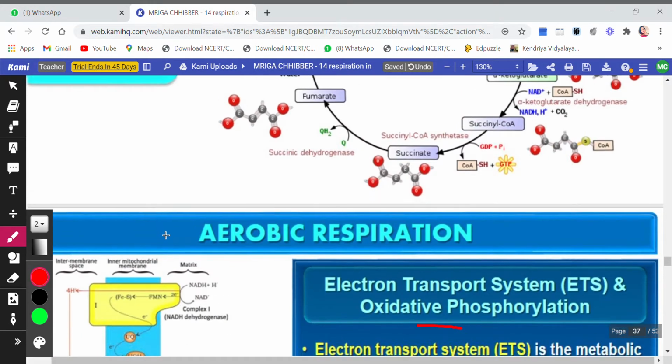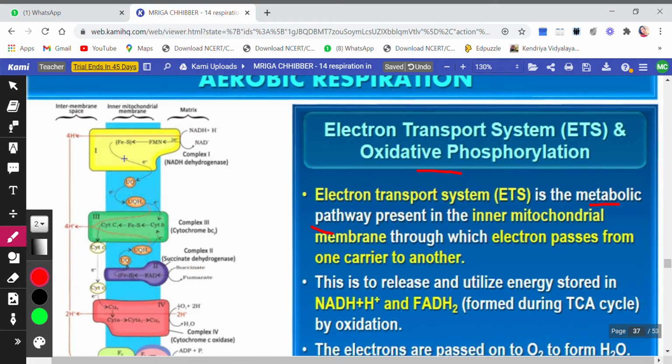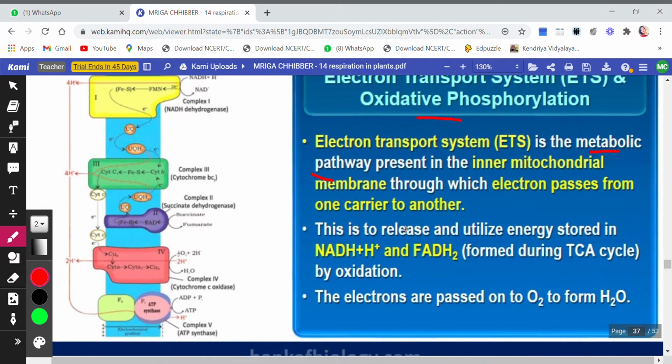Now as you see here in the diagram, this light blue, sky blue color is the inner membrane. Okay, and the electrons will be passed on from the outside to the inside. This area is the matrix, that is inside of the mitochondria, and this is the inner membrane. So electrons will be passed on from one carrier to another. So this type of system is called the electron transport system.